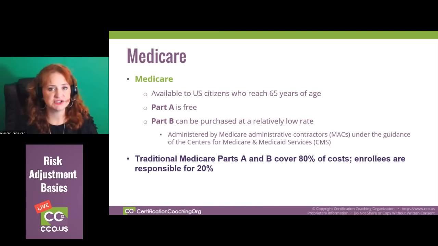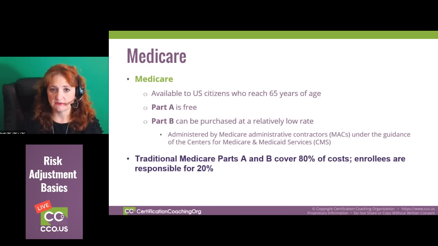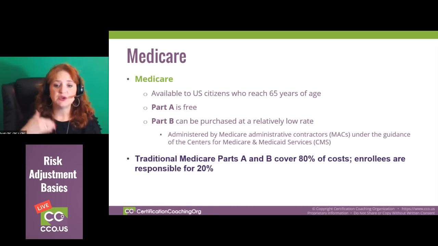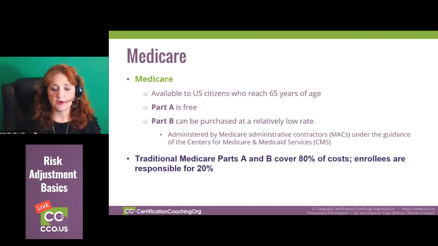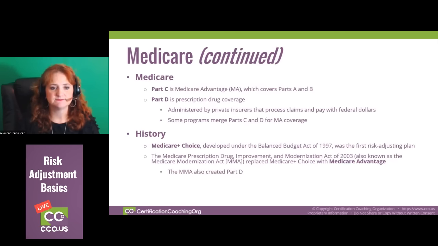So for traditional Medicare, you have Part A and Part B, and they're going to take care of 80% of any of your expenses in the medical field that you come across. 20% you're responsible for. So if you have a service that's $100, Medicare pays $80, you pay $20 out of pocket. Okay, that's how it works.